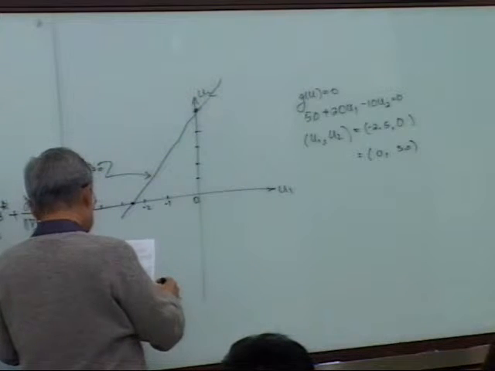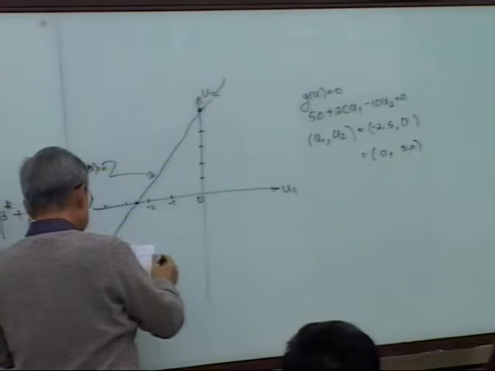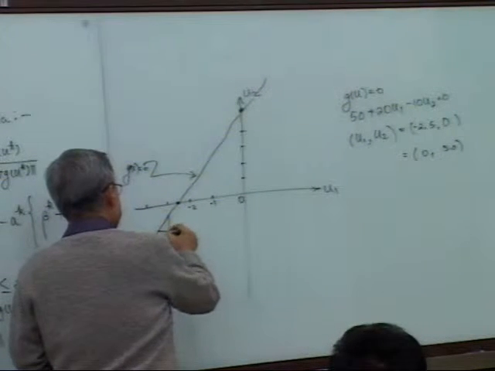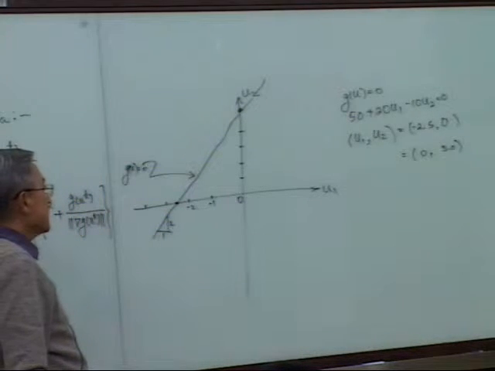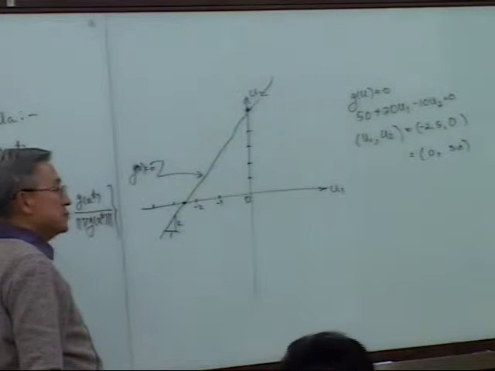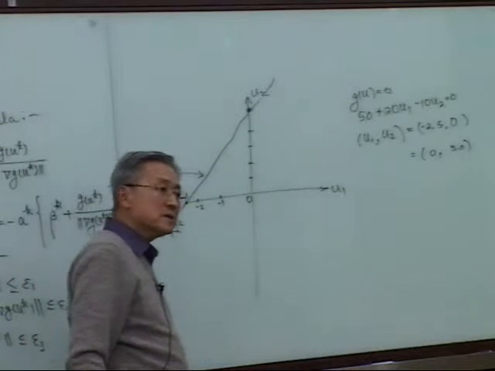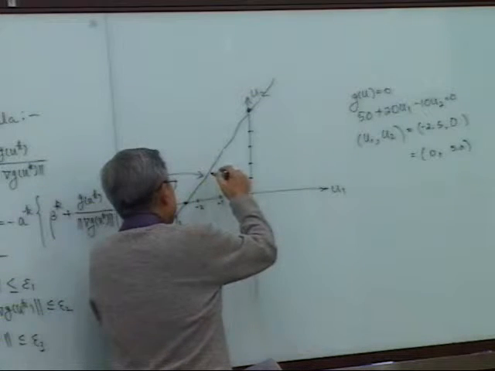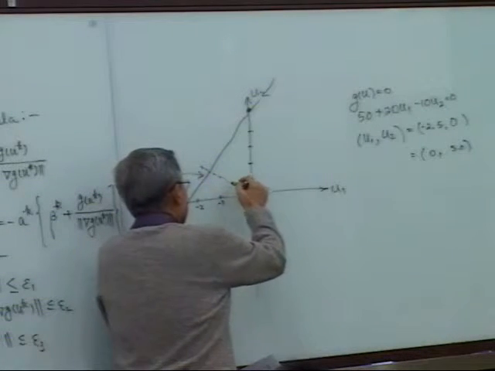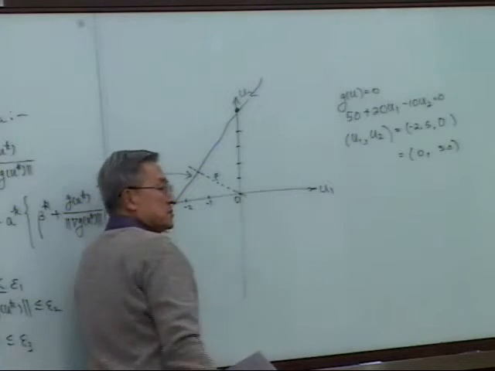And the slope of u1, u2 is a 1 to 2 ratio. Graphically speaking, you can get the beta right away just by looking, without any iteration. This is the origin, and the distance from here to here is beta.